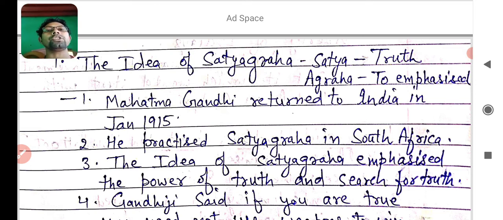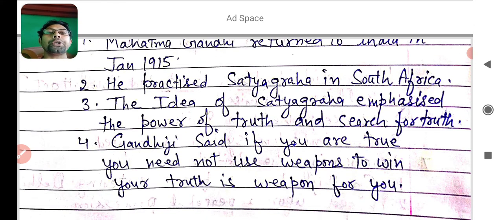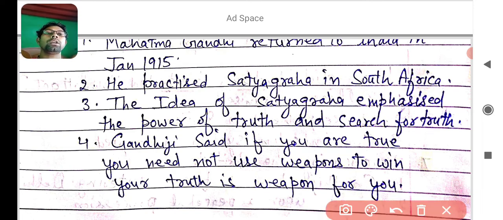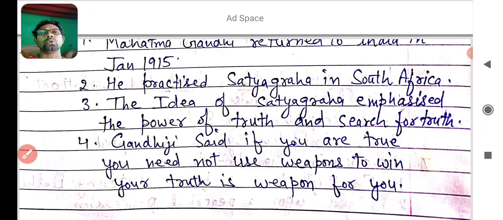So Mahatma Gandhi also said that if you are true, you need not use weapons to win, and your truth is a weapon for you. He also said that you need not use any weapon to throw the Britishers out of India. If you are true, you will win one day. He said that. I hope you learned that point.